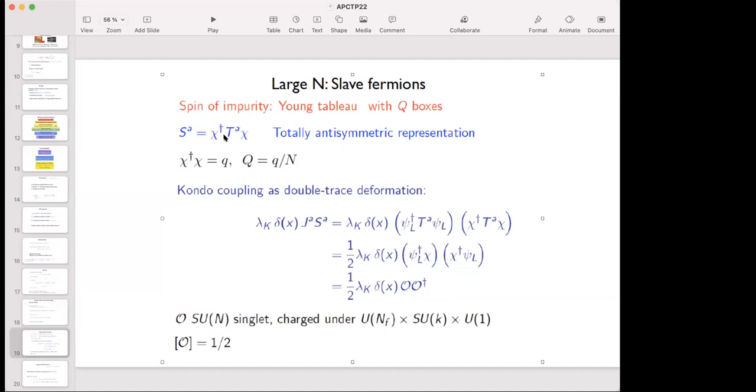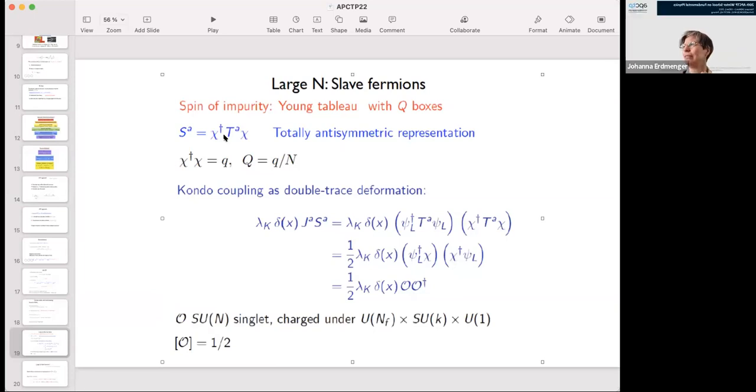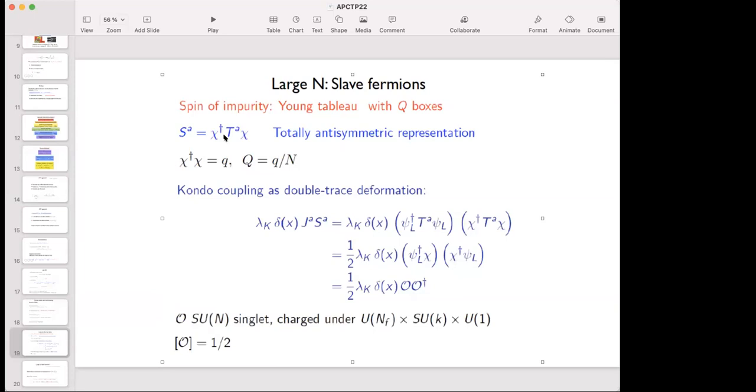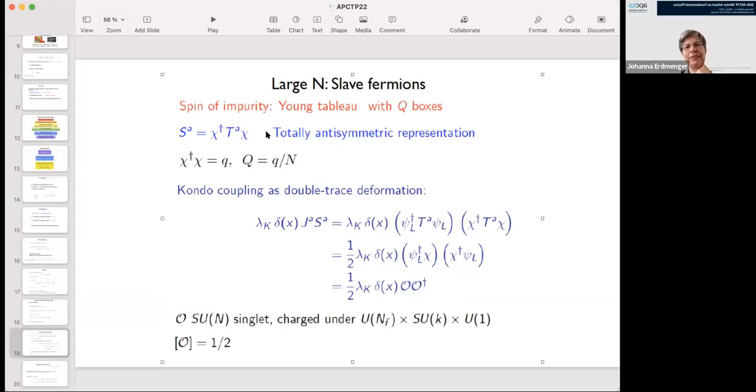May I ask a question? Yeah, sure. Can you hear me? Yes, yes. Okay. Maybe I forgot your point. Why do you take a totally antisymmetric representation for the S? I think I missed the point. Well, okay, it's just to have this interpretation as a spin operator, I think, and because these objects are fermions.